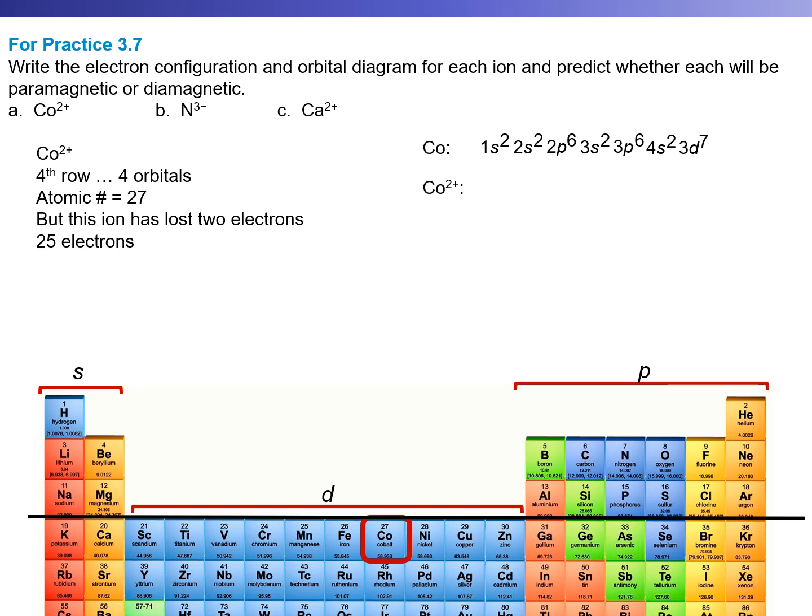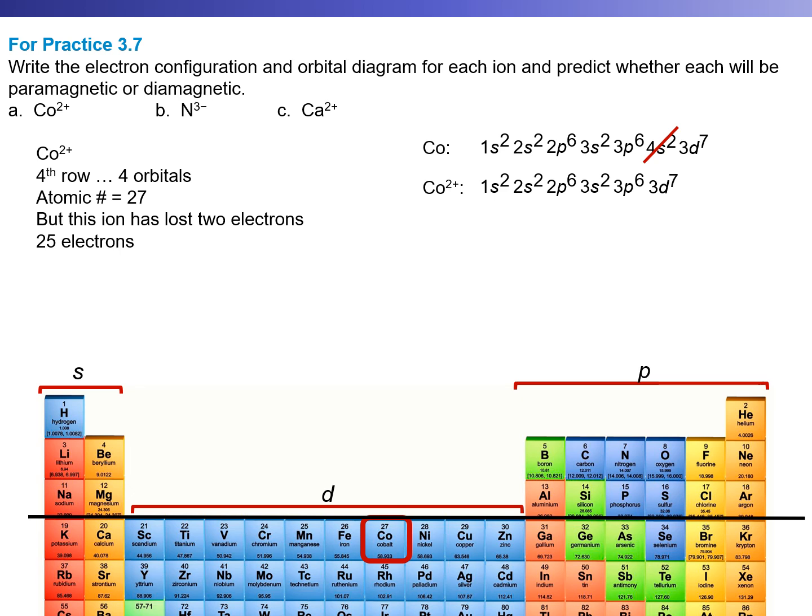Are we going to take them out of the 3d orbital? We're going to take them out of the 4s. Well, we're going to actually eliminate the ones that are furthest out, which means we're going to eliminate the 4s electrons. So when we write the electron configuration for the cobalt ion, it's going to be everything, including the 3p6, and then we're going to include the 3d7.